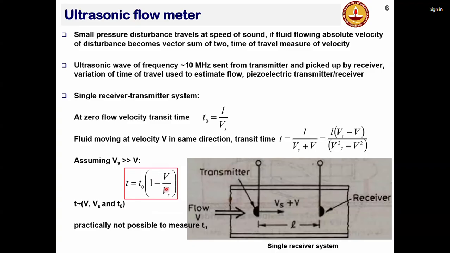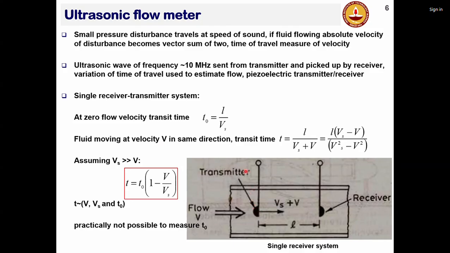So even from here, you can measure T, and if you know the velocity of sound in the medium, you should be able to predict V. But what really happens is that measurement of this T0 is very difficult. Why? Because when you have this separation distance, let's say of the order of a centimeter or even a meter, the time it takes to reach from the transmitter to the receiver is very small.